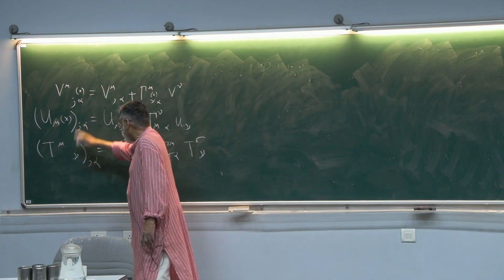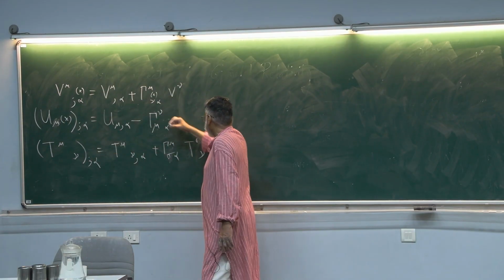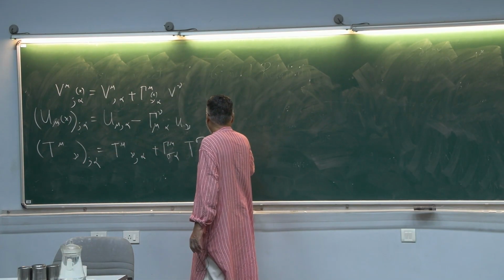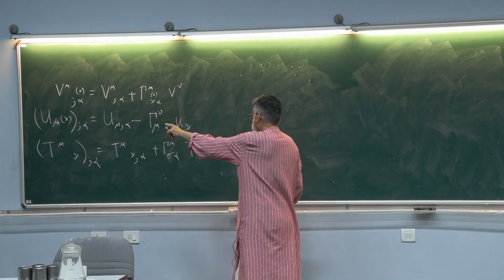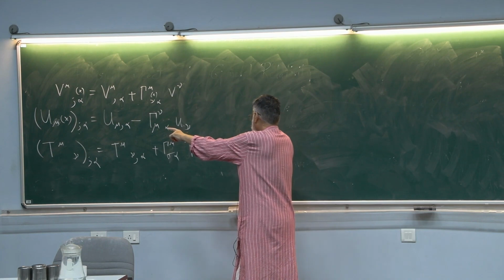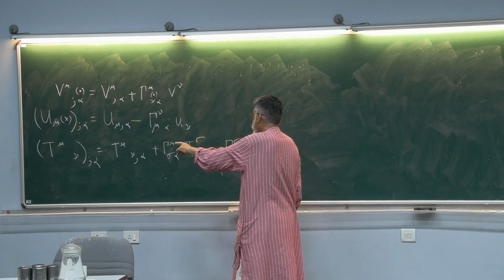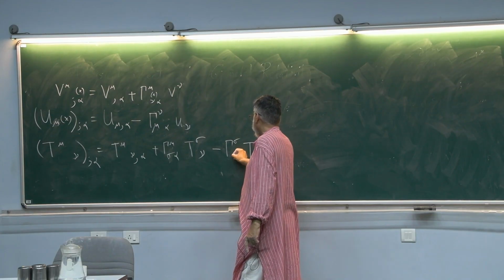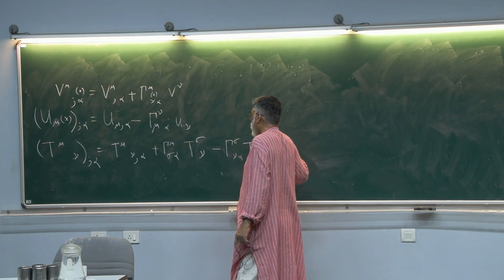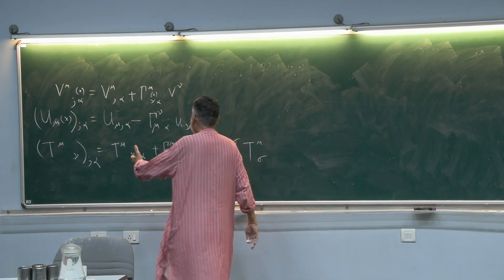But this ν is a covariant index. So minus Γ^σ_{αν} T^μ_σ. For a mixed tensor, this will be the covariant derivative.